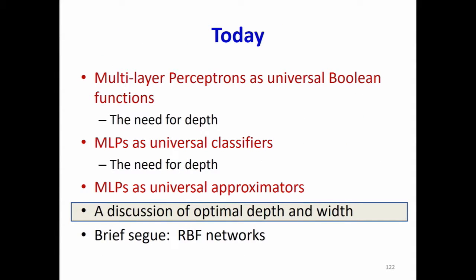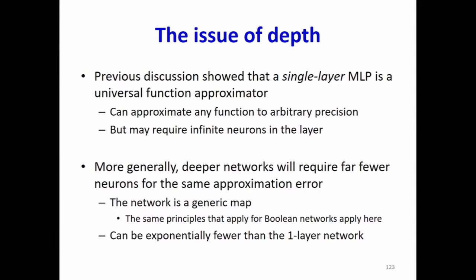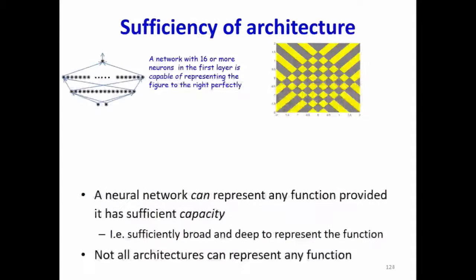So we've seen that deeper functions are better, but a shallow function can compute anything, right? But are there any restrictions? To look at these, let me just jump quickly to the example because we're running out of time. So look at this figure again. We said a neural network can represent any function, but provided it has sufficient capacity.